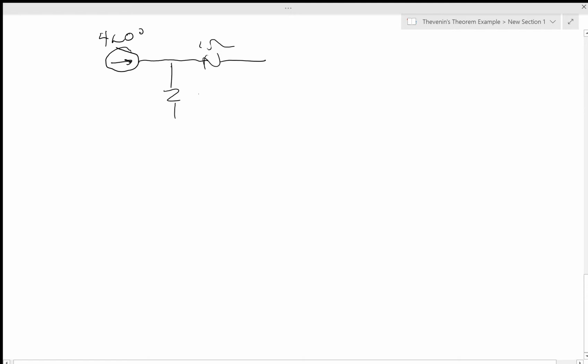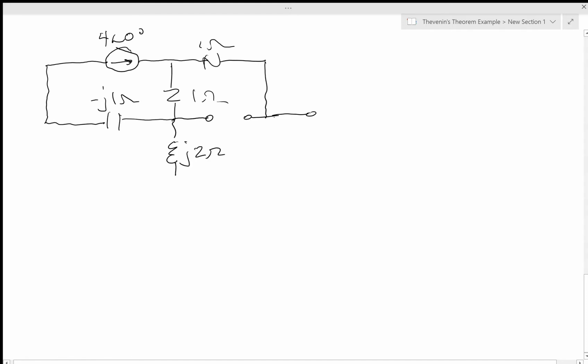We have the 1 ohm resistor. We have the minus J1 ohm capacitor. We have the open circuited 6 angle 0 source. We have the J2 ohm inductor. And we have the open circuited 4 angle 0 degree source. And we are looking for the voltage across here, VOC.